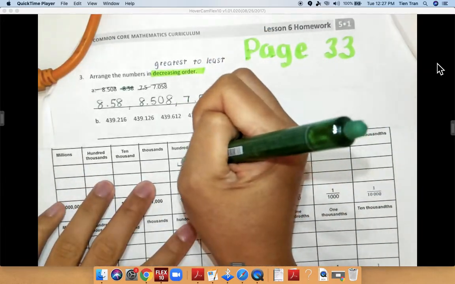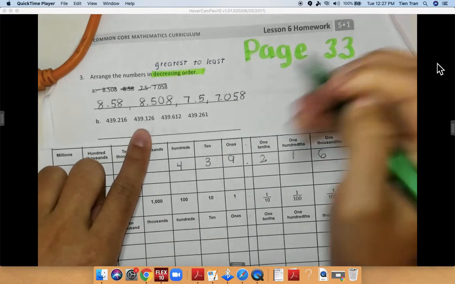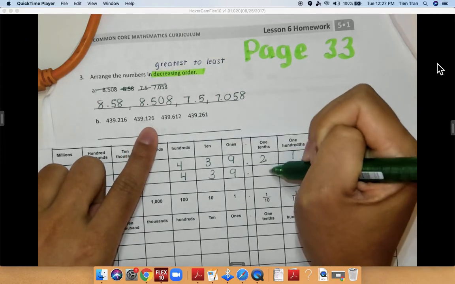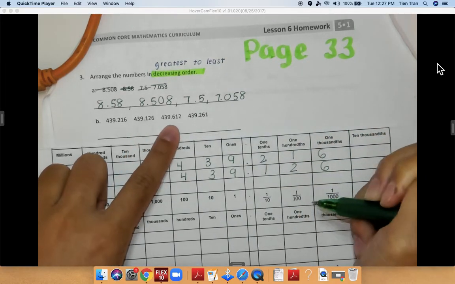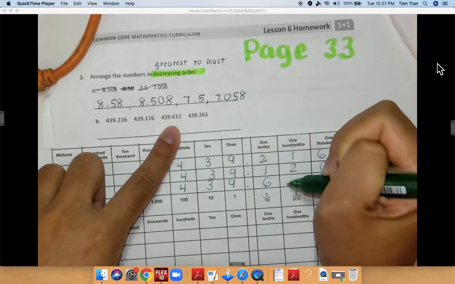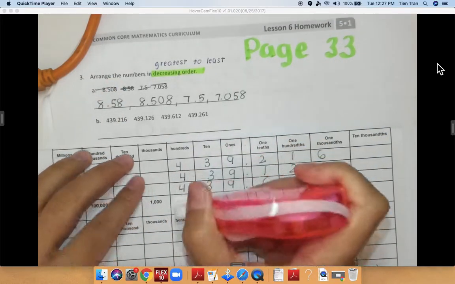I have 439.216. The other one, I have 439.126. The other one, I have 439.612. And the last one, I have 439.261.